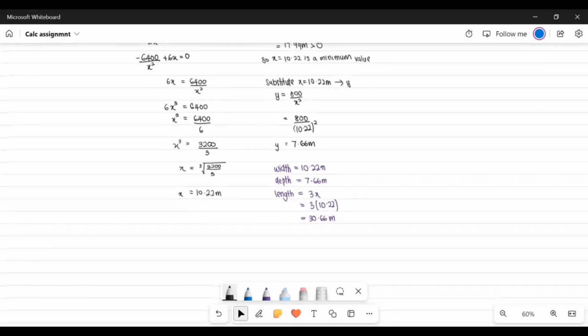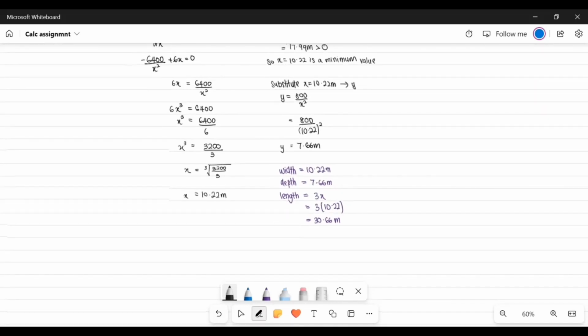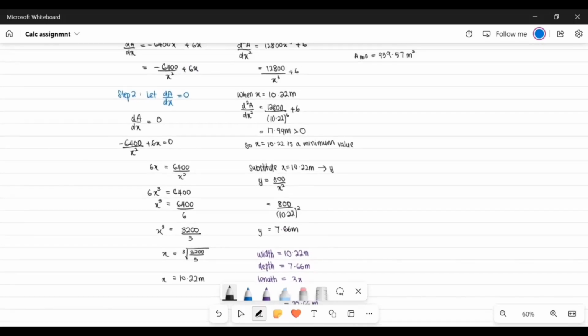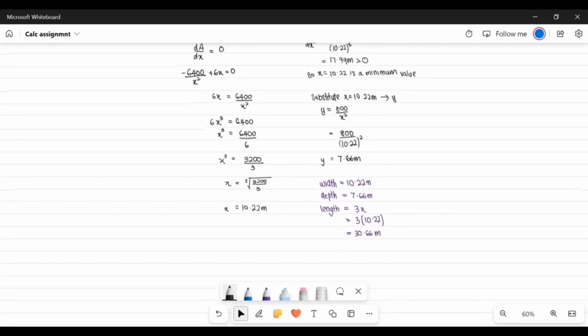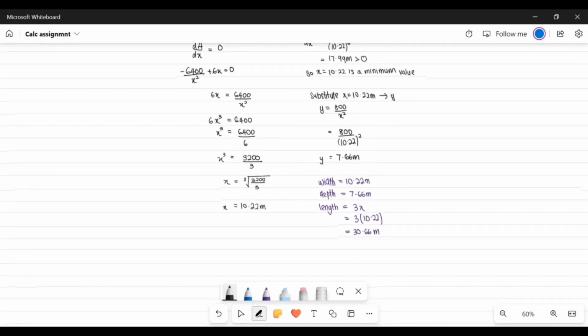So the width here is x, which is 10.22 meter. The depth is y, which is 7.66 meter, and the length is 3 times x, which is 3 times the width. When we substitute the value of x, you will get 30.66 meter. Okay, that's for finding width, depth, and length.